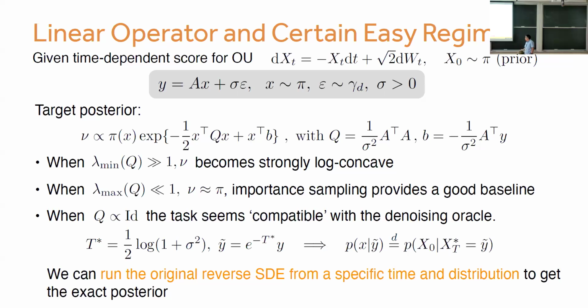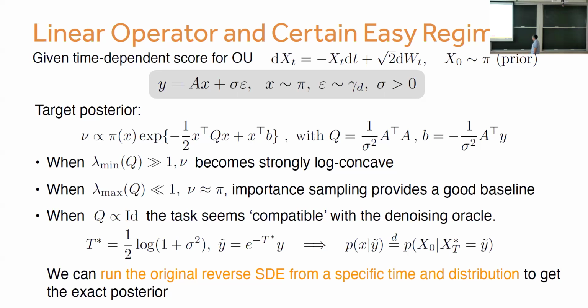Okay, so in other words, if you run the reverse SDE from a specific time capital T star, with your initial condition for the reverse SDE as the point distribution y tilde, then you can recover the exact posterior of your interest by running the reverse SDE from capital T star to 0.